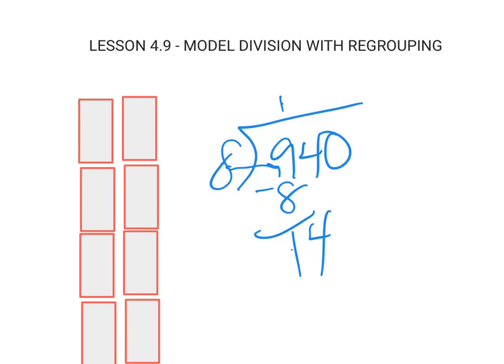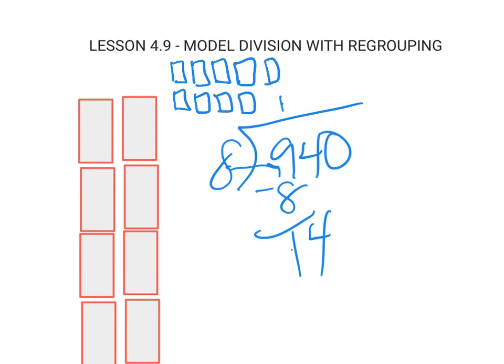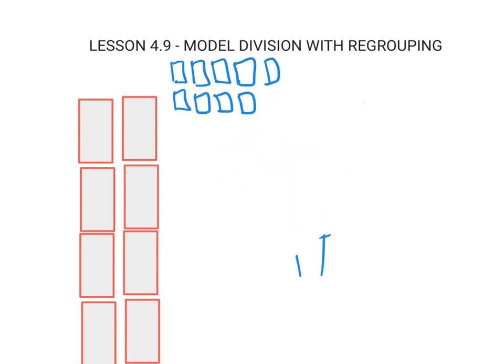Now, I would probably figure out a way to write hundreds, which would be 9 hundreds, 1, 2, 3, 4, 5, 6, 7, 8, 9, and then I have 940, so I have 4 tens, 1, 2, 3, 4, and 0 ones.